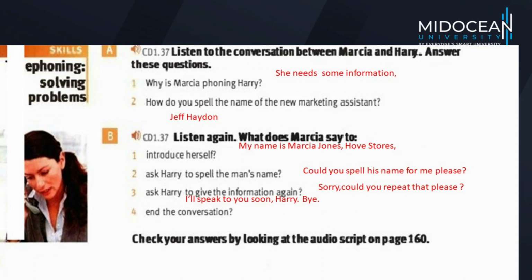Harry Palmer. Hi, Harry. Marcia here. Hi, Marcia. I need some information. Can you give me the name of your new marketing assistant, please? I need to contact him. Certainly. His name's Jeff Hayden. Could you spell his name for me, please? Okay.